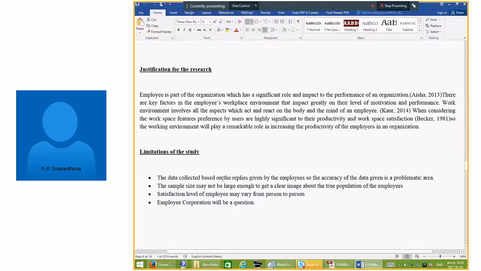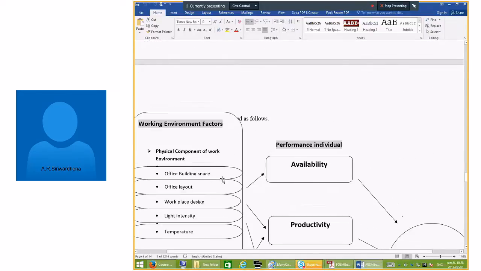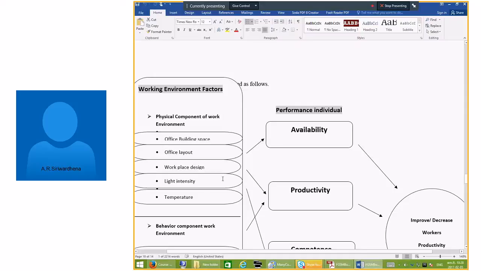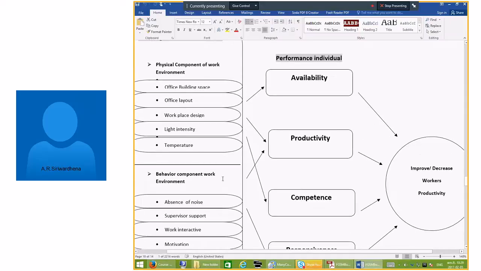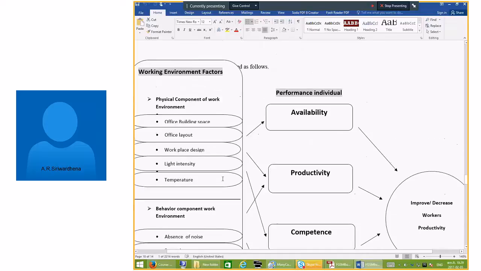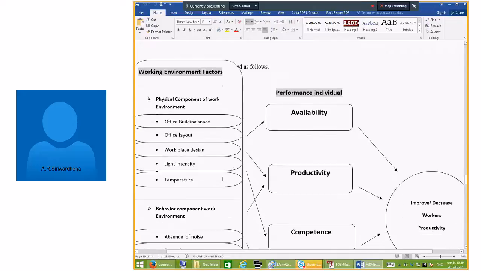Okay, now let's go to the conceptual framework, with the independent and dependent variables shown separately.